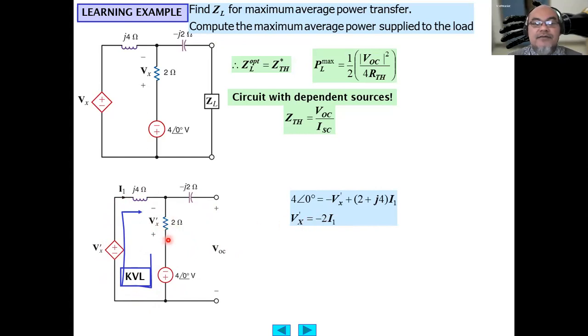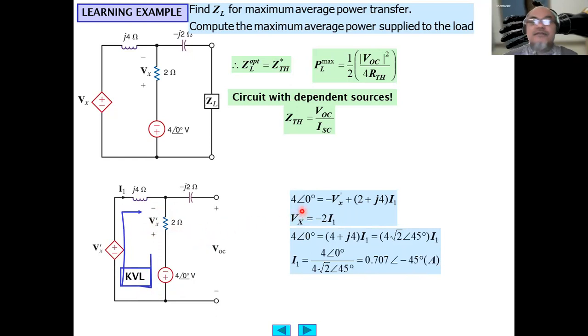Vx here equals the negative of 2 times I1, since Vx is positive in this part while the current is flowing into the negative terminal. Yes, this is I1.